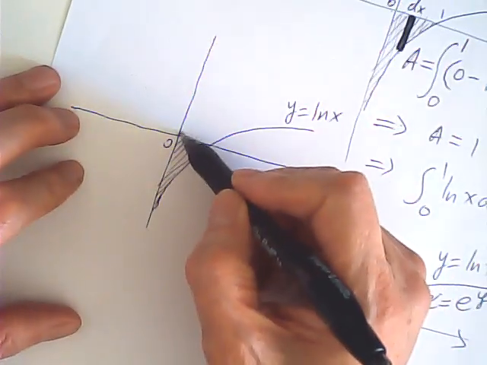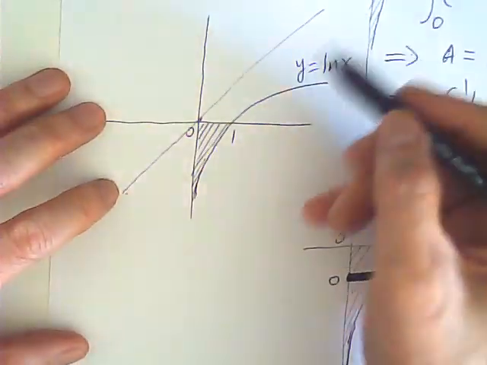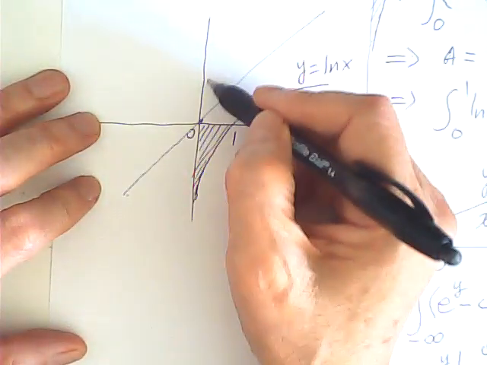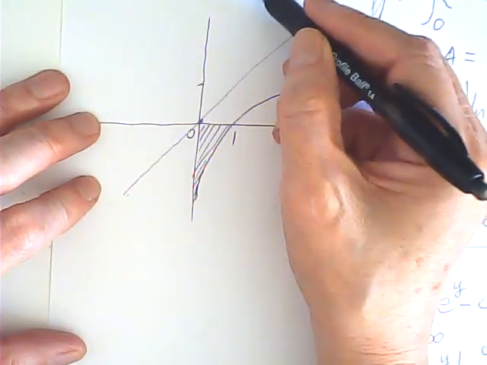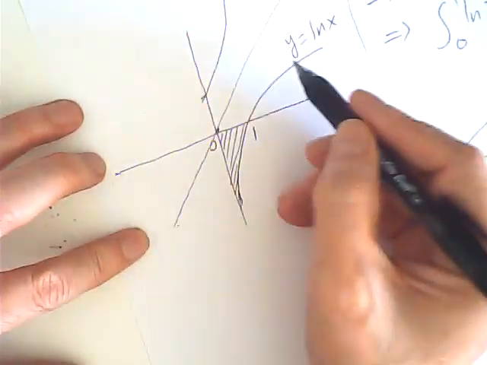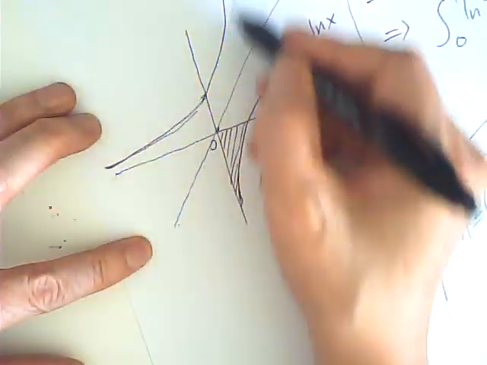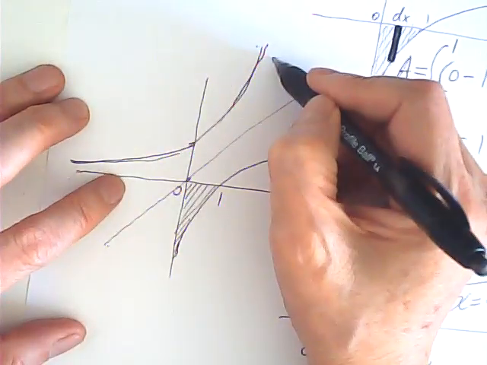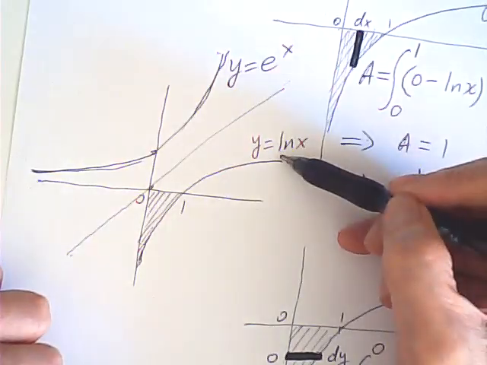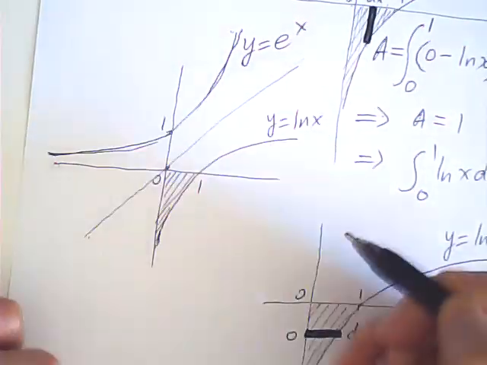Now we can consider the inverse function of this log function, that is the exponential, right? This function is y equal to e to the x. This is the inverse function of that function, right? They are inverses of each other. This is 1.